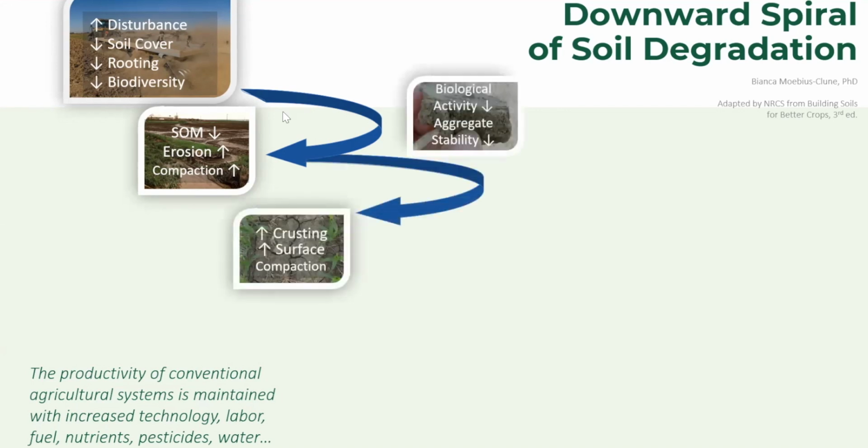So then we get decreases in biological activity. And as Doug was just talking about in a fair bit of detail, right, aggregate stability is all about biological activity. Those biota build the house, right? All those organisms we looked at earlier in that food web, they are all involved in building aggregation in the soil.